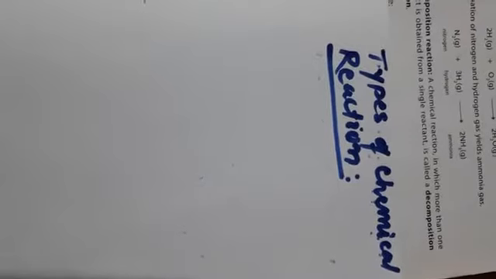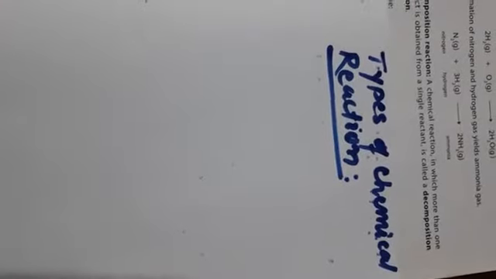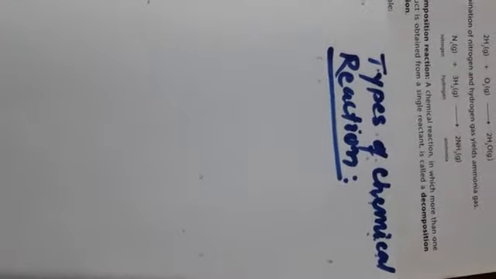Today I am with science chapter number 3, chemical substances and processes. In this video, I am going to talk about the different kinds of chemical reactions. As we know, chemical reactions are those kinds of chemical changes in which the reactants combine together and form the products.